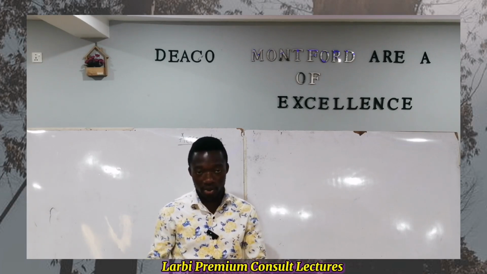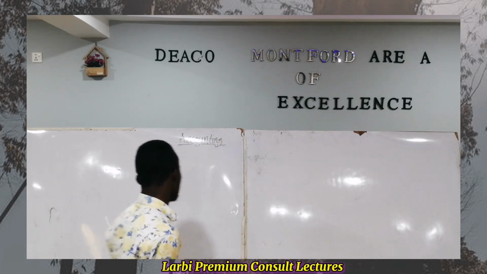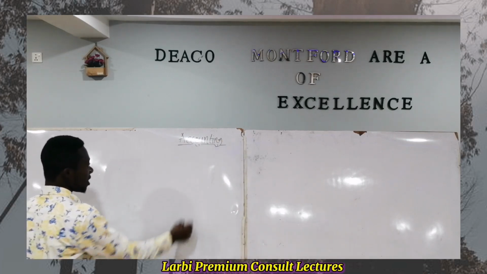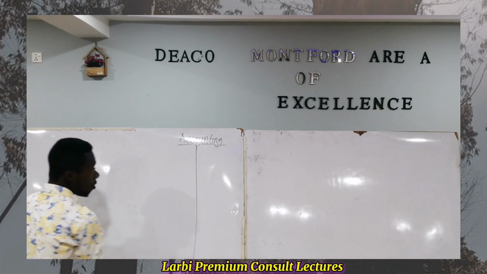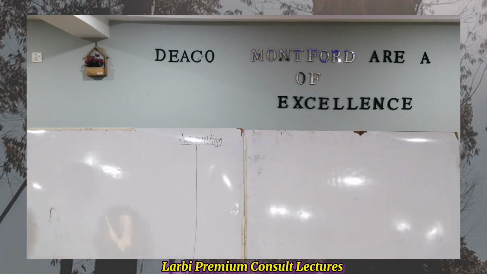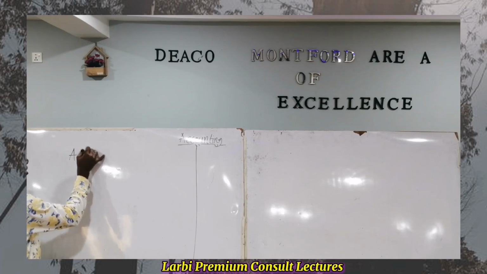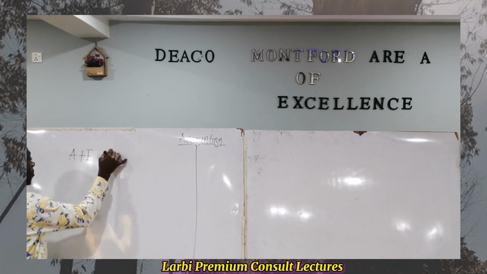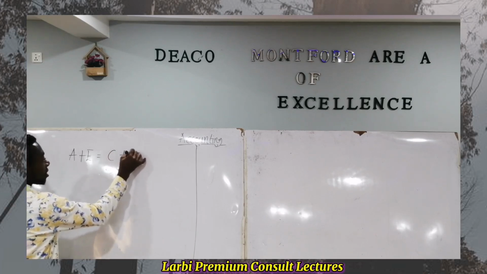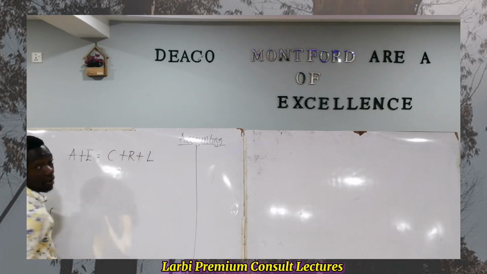So in our previous lesson, we generally established that when it comes to recording, we build up a principle, a formula, which says that assets plus expenses should be equal to our capital plus revenue plus liability.